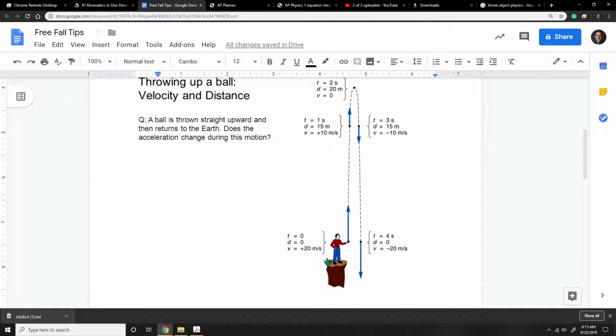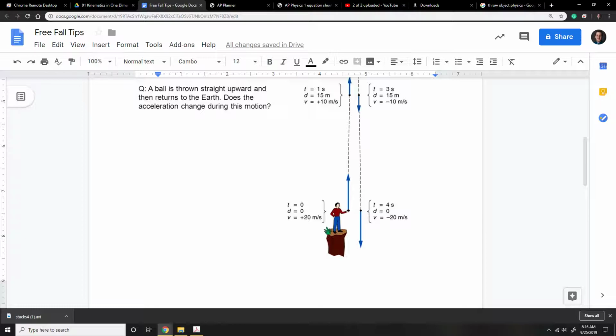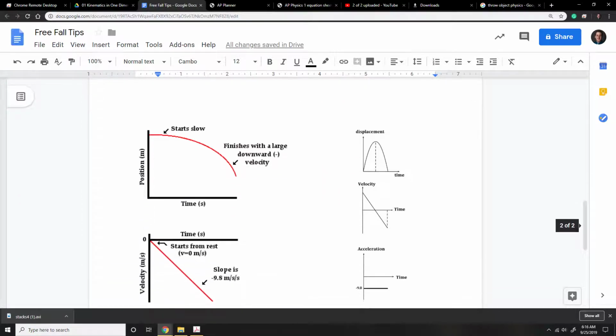What is positive and what is negative? The velocity is positive on the way up and negative on the way down, but that's the velocity. The acceleration, which is the change in the velocity, is constantly negative because of gravity pulling it down, even though it's moving up in the beginning. All right, so I hope that helps. That's usually a very common question.